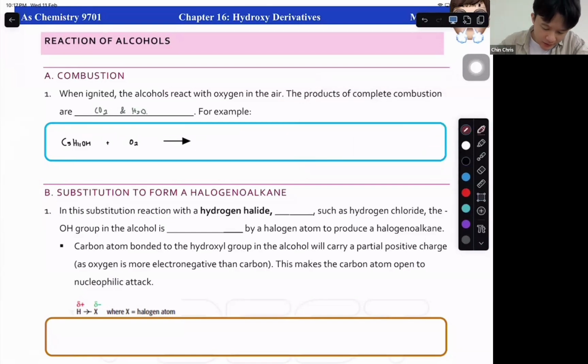Alright guys, I'll be getting a 5 CO2, 6 H2O, correct or not? 6 plus 10, 16, correct. 16 minus 1, 15. 15 over 2. Done.